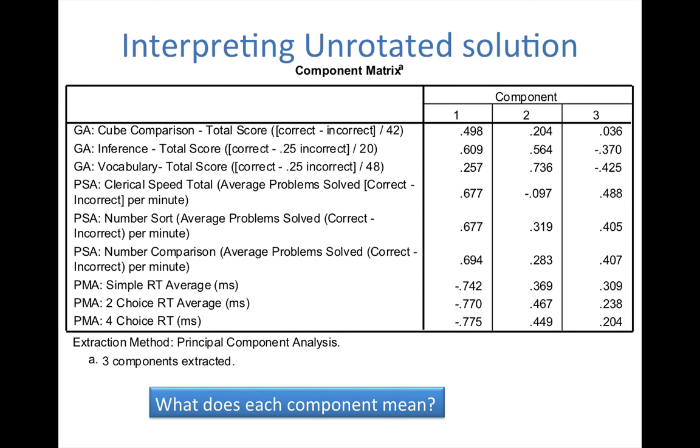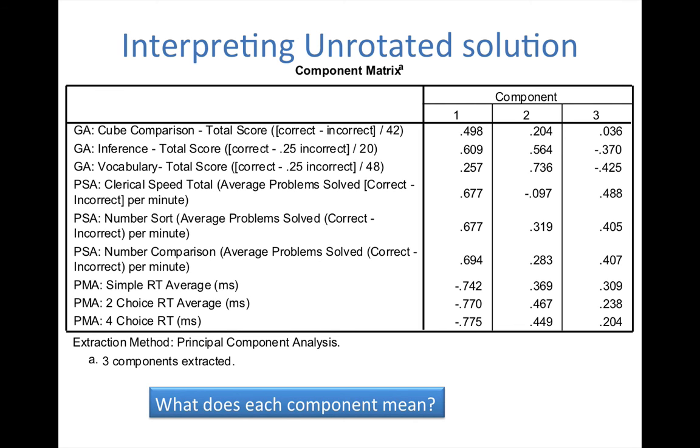We can also not only look at the direction of these numbers, but also the size of them. They're basically like correlations between the item and the factor. So these psychomotors are loading high, all these are loading high. Pretty much everything's loading high except for vocab and maybe cube comparison.